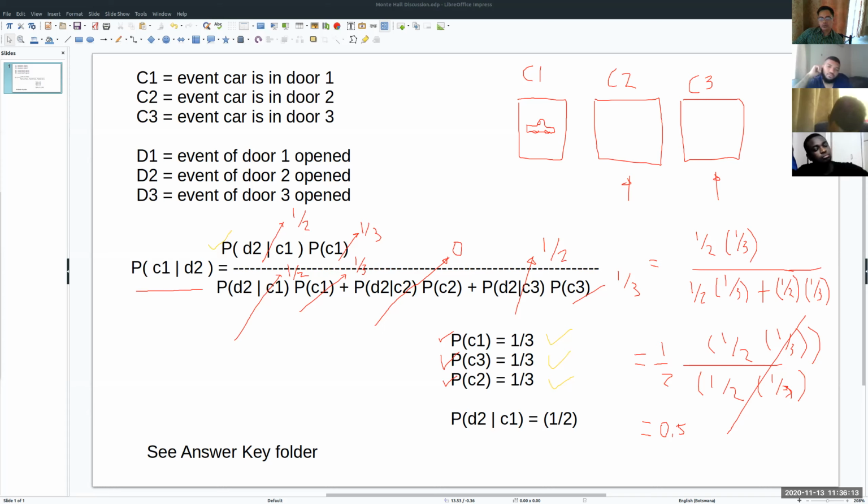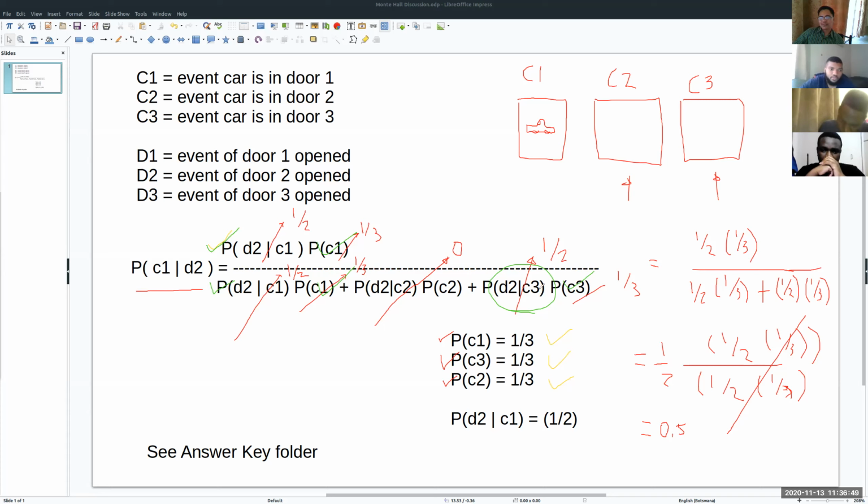This term is okay, this term is okay, this term is okay. So the term that we don't know is this one. Let's go back to this term. It says the car is in door 3, and then the probability of opening door 2 is still half.